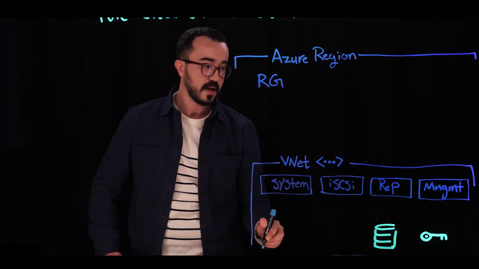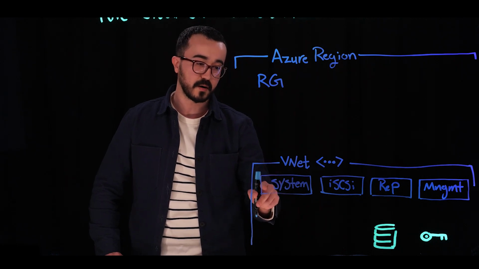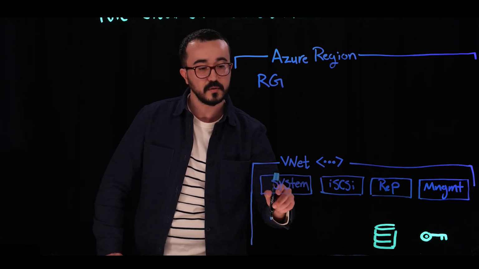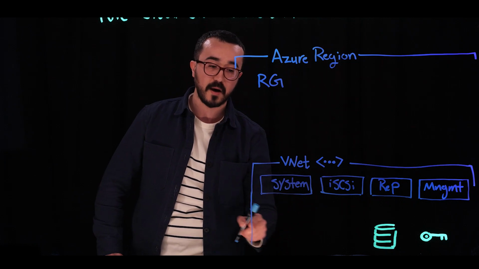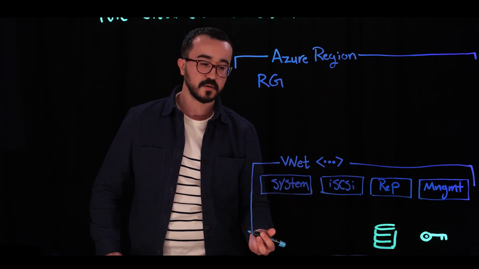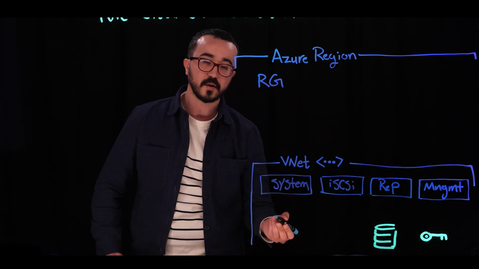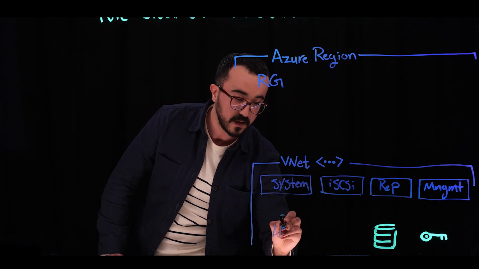The system network has to meet a couple of other requirements. We need to make sure that it has an outbound internet connection, and the simplified way to do that is to use a NAT gateway.